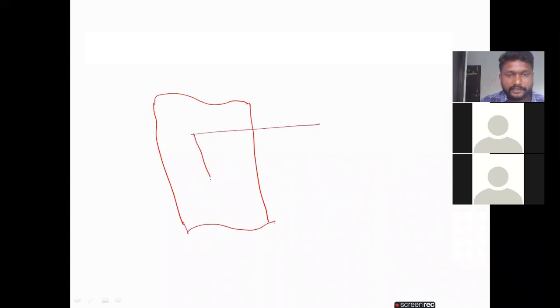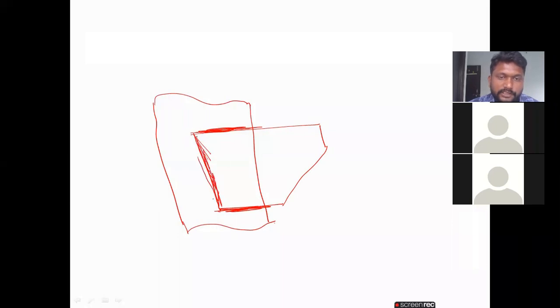The bracket is like this. The welding portion is this one, top and the bottom and side like this. This is the welding portion and this is the XX and YY sections.